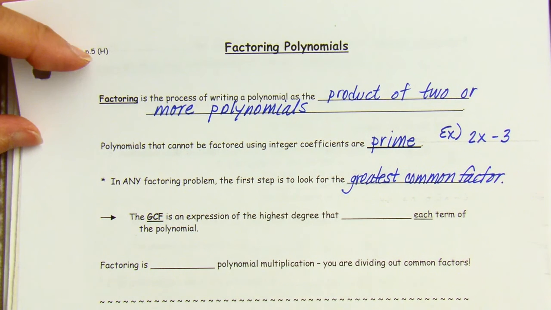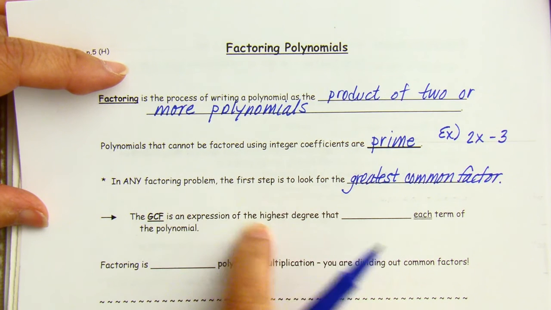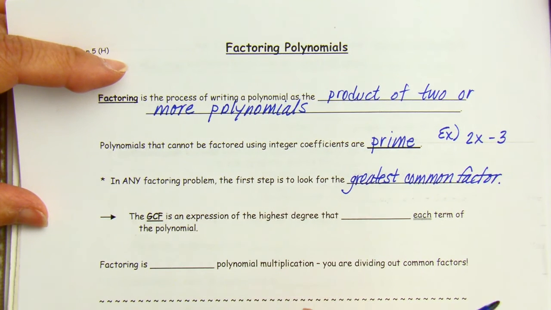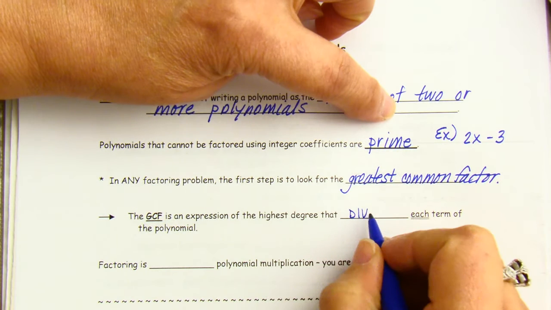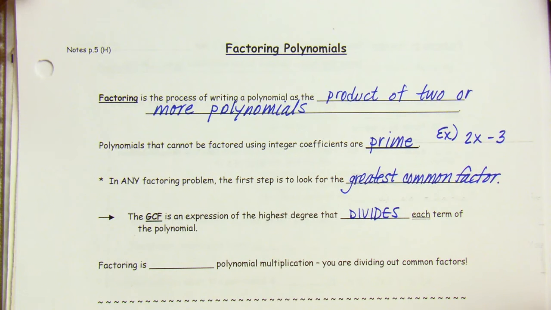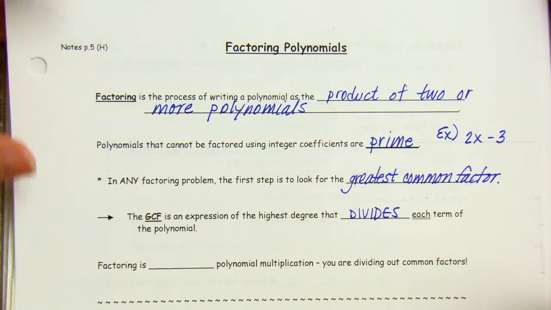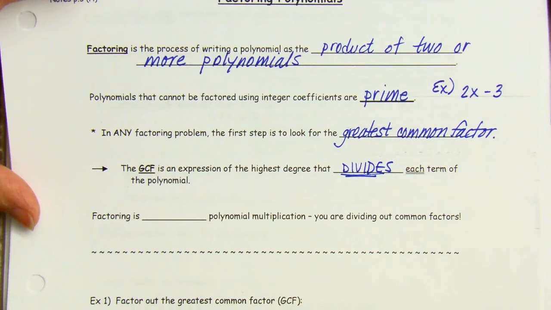The GCF, the greatest common factor, is an expression of the highest degree, so it's the biggest thing that you can take out that divides each term of the polynomial. Folks, from now on, I want you to think of factoring as division.